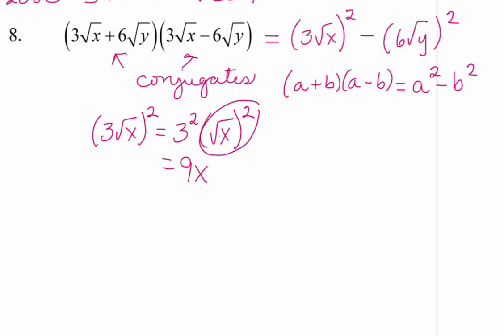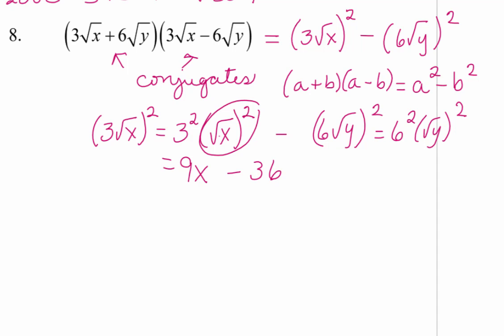And then now we have minus 6 square root of y squared, so 6 squared is 36, and the square root of y squared, these undo each other, and so that's y. And again, notice we have this nice binomial, no square root. We're going to use that in the next section. You will use number 7 and number 8 when you divide radical expressions. Okay.